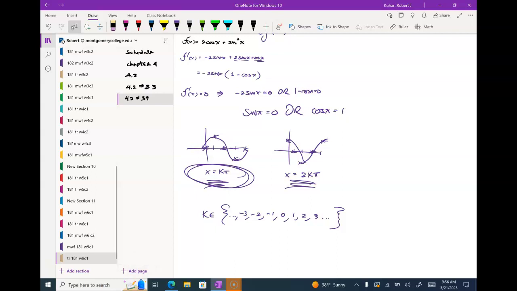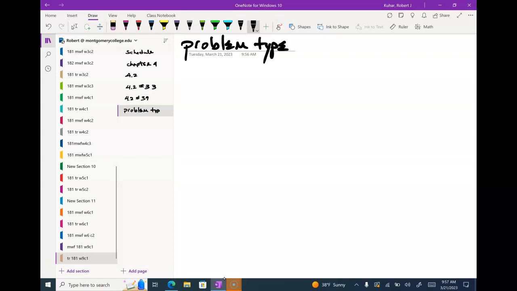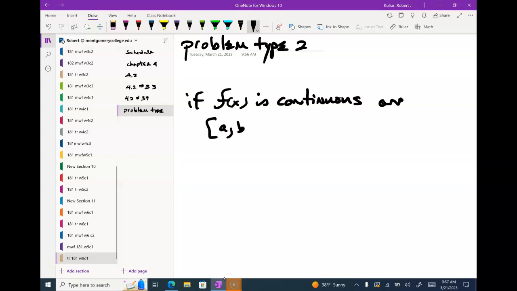Nice. Our new problem type, so this is problem type 2. We're saying if f of x is continuous on a closed interval, right?